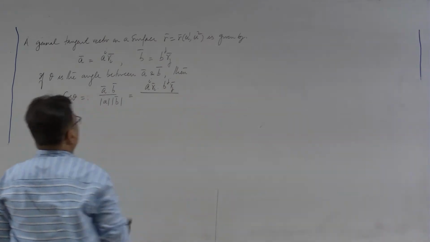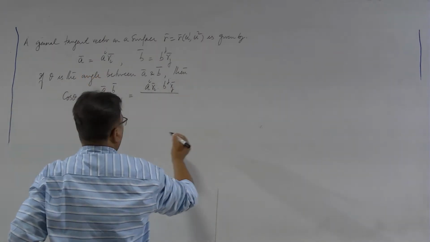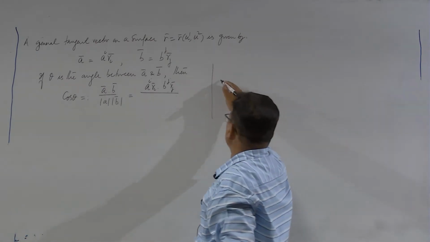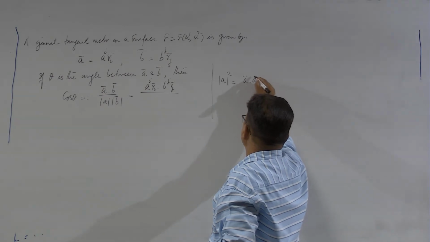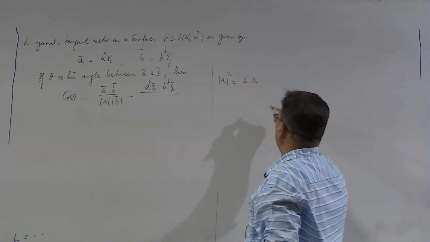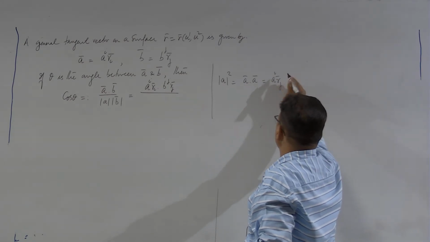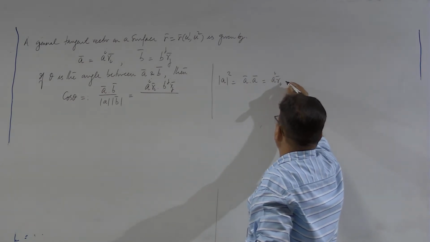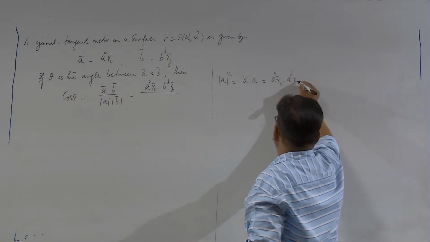upon modulus of A, which you can compute from here. Modulus of A square is A dot A. So, A is some a i r i, dot again a j r j I will write down.